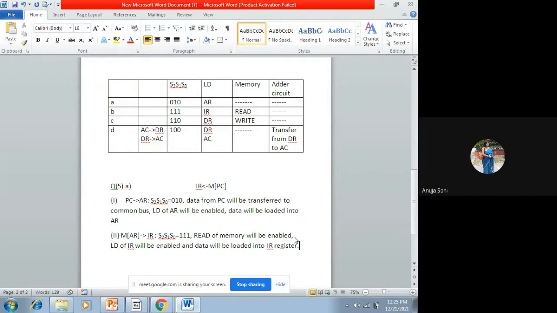So this way it will take place, and this was the answer that in a single go it cannot happen.